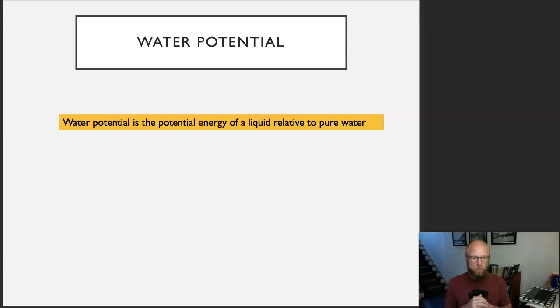So the movement of water, in order to understand that within the plant, we have to go back a little bit to basic chemistry and physical chemistry, and think about water potential. So water potential is a measure of the potential energy of water relative to pure water at some reference condition.